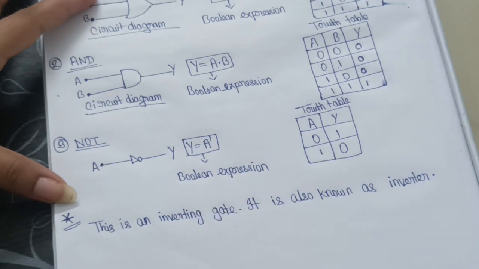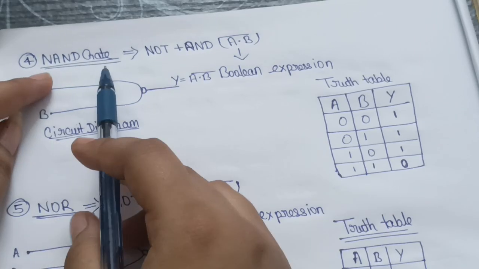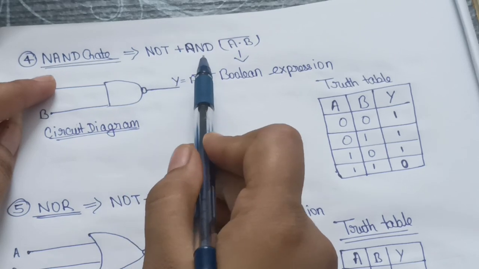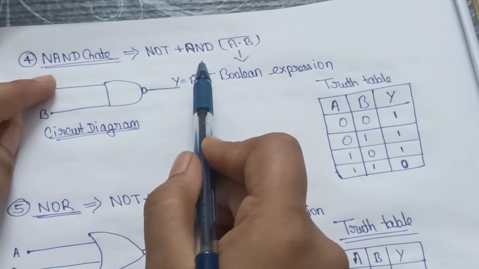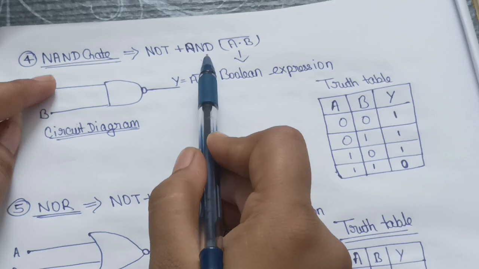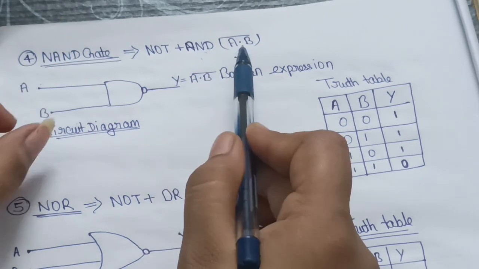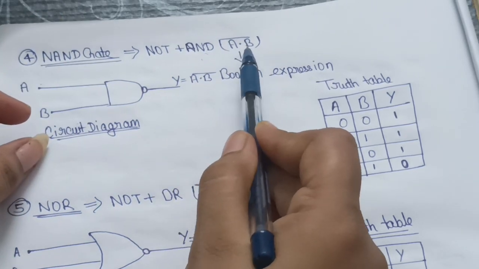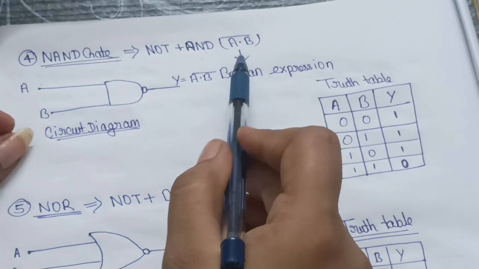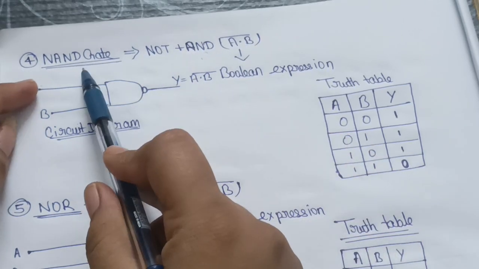Okay, fourth, the NAND gate. NAND is NOT plus AND, two gates mixed basically. A and B in bar is the Boolean expression of the NAND gate.